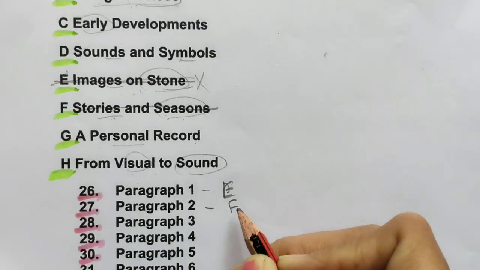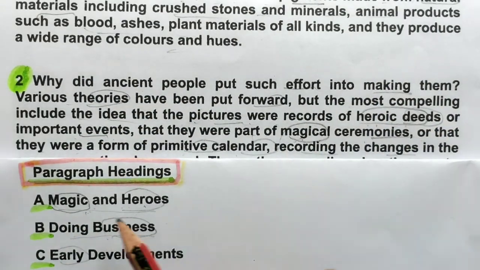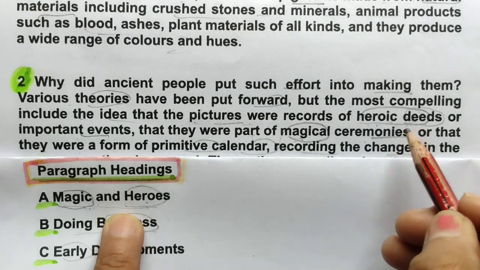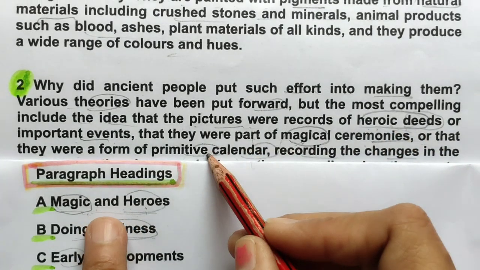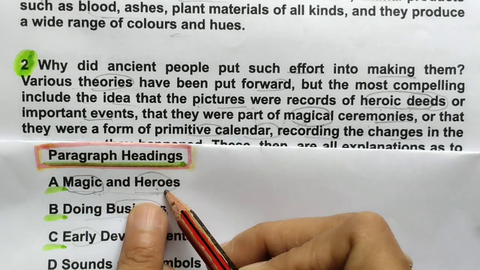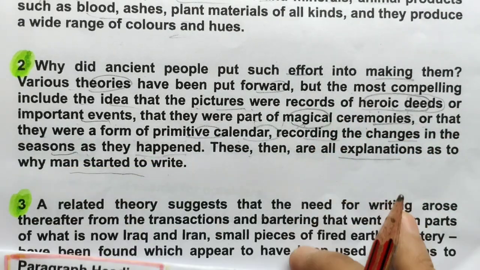There must be some confusion in your mind about why not magic and heroes, because they are talking about heroic deeds, heroic stories kind of thing, and here seasons. Exactly, magical things and heroes they are not talking about. These are personalities.